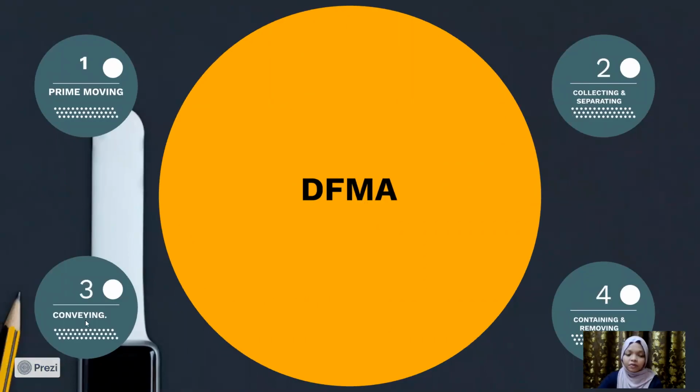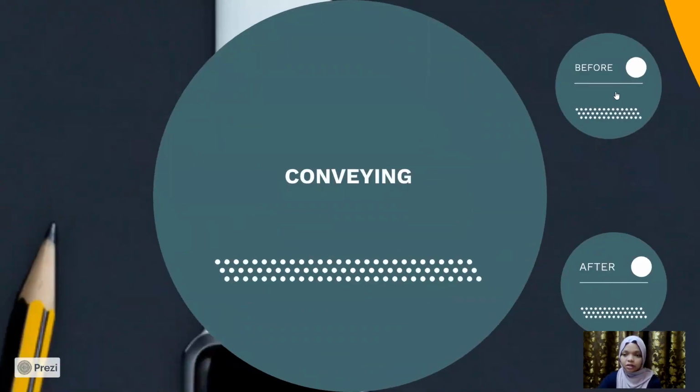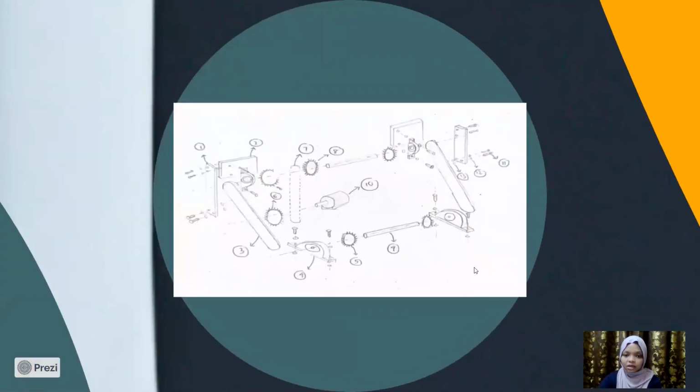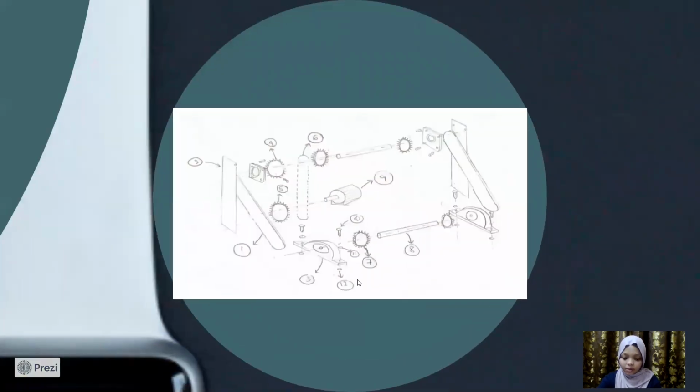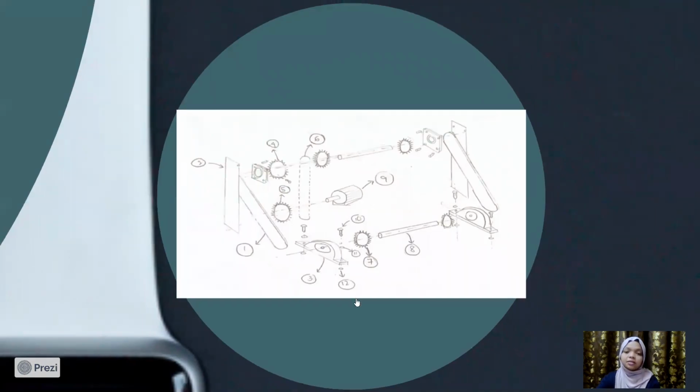Let's move on to the conveying. This is the design before, with around 18 parts, and then we reduced it to 12 parts. What we reduced here are the long plate, short plate, screw, washer, and nuts.